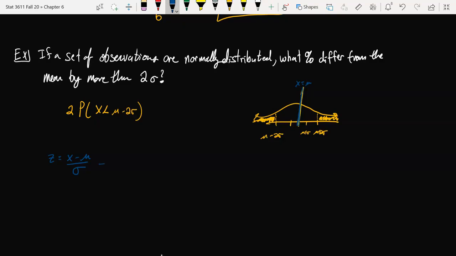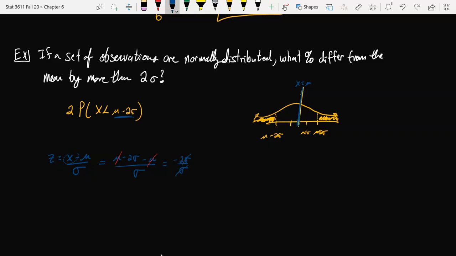So when we go to convert this, x is mu minus 2 sigma. That goes in for x. Then it's minus mu over sigma. The mu's cancel, and you're left with negative 2 sigma over sigma.